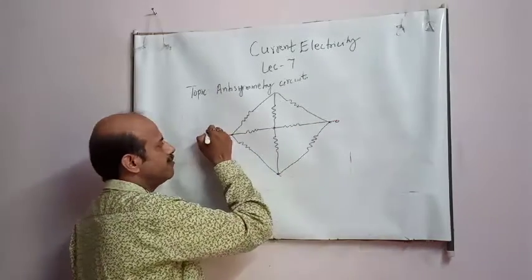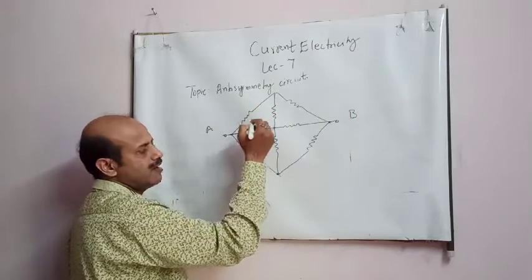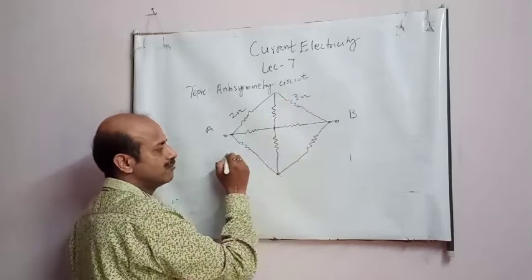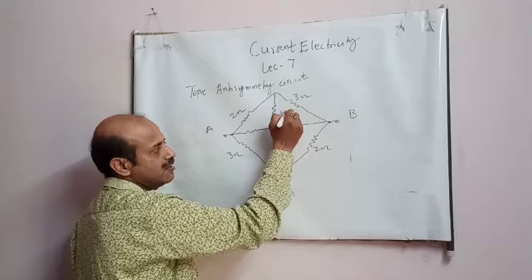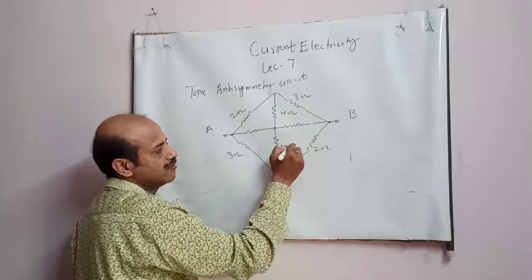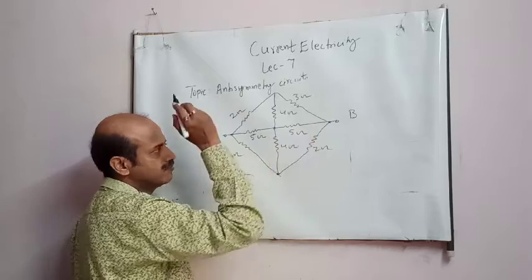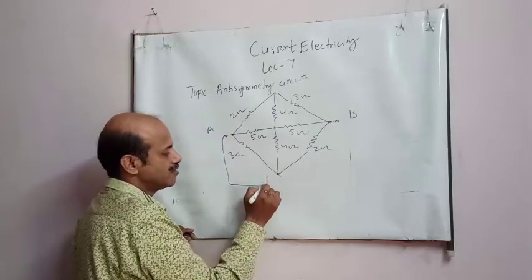This is A and B. Just I am taking any values, student. Again the same 2 ohm, 3 ohm, 3 ohm, 2 ohm. This is I am taking 4 ohm, 4 ohm. This is I am taking 5 ohm, 5 ohm. And I have to find out current in various branches.